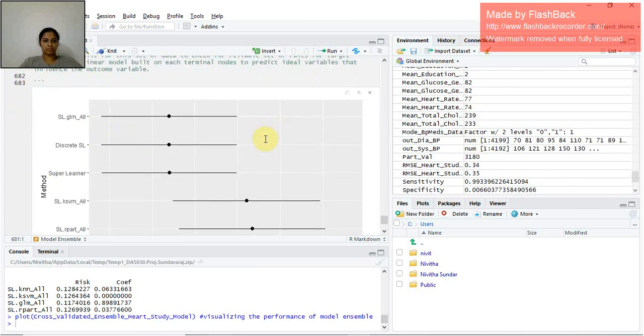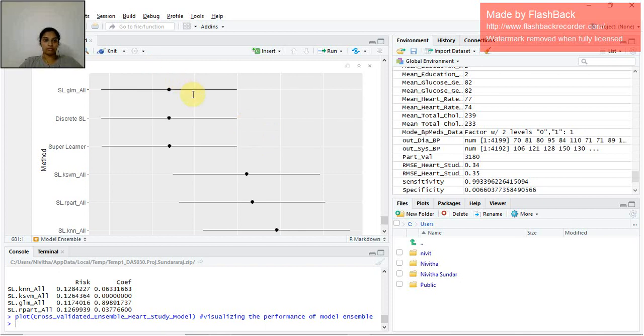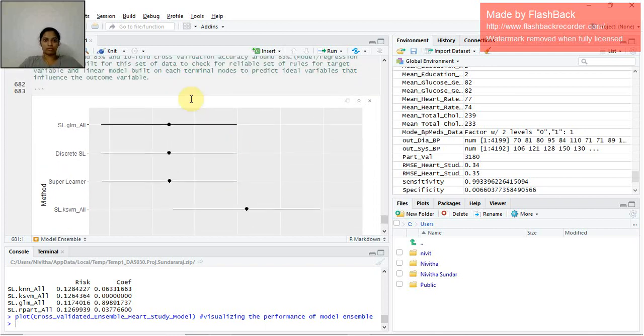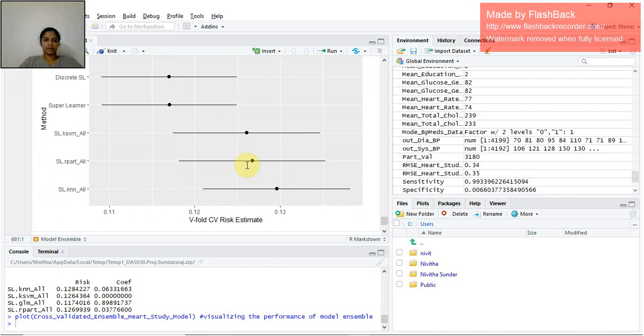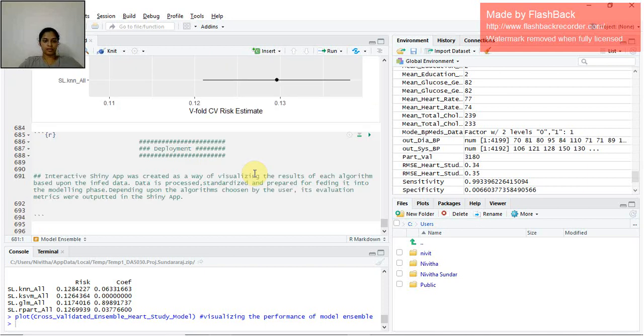All the algorithms were plotted to see how they worked, and as I mentioned before, the linear regression worked really well with the SuperLearner ensemble model, and it seemed to be the best of all, since the individual effect on the target variable is discovered by the linear model part.